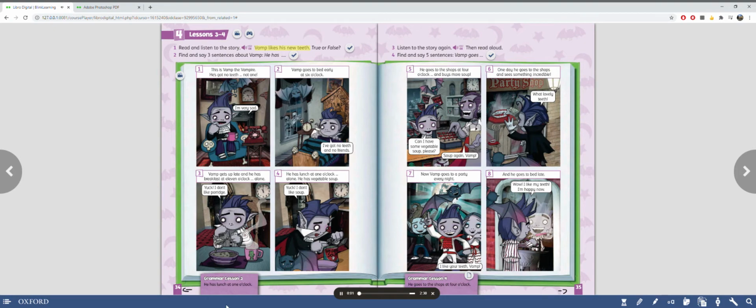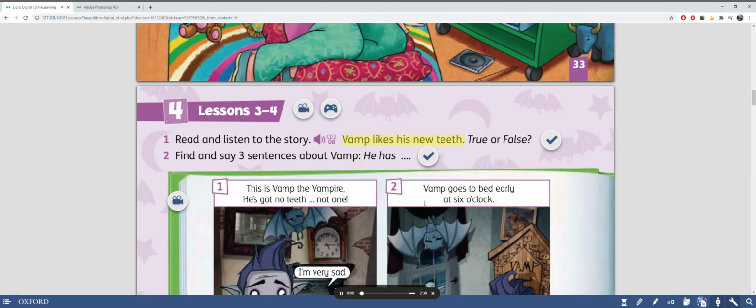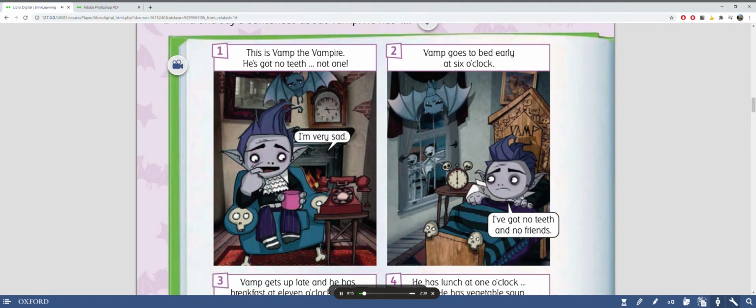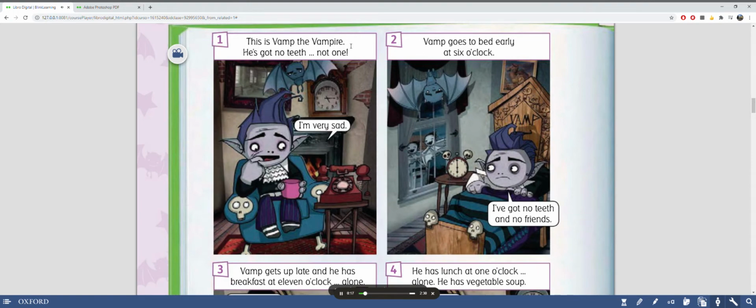Listening 8. Listen to the story Night and Day. This is Vamp the vampire. He's got no teeth. Not one. I'm very sad. Vamp goes to bed early, at 6 o'clock.